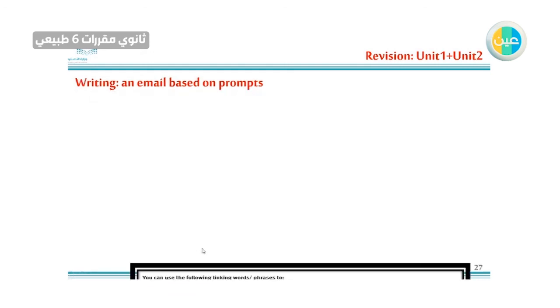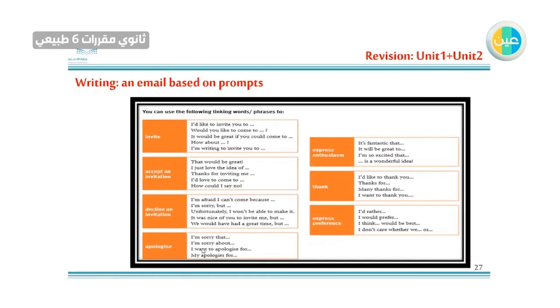Remember that when you write an email about invitation, you will need some linking words or phrases. Okay? Here you have some phrases to help you to write such an email. For invite, when you want to invite, like I would like to invite you to, then if you are replying and accept the invitation, you can use one of these phrases.